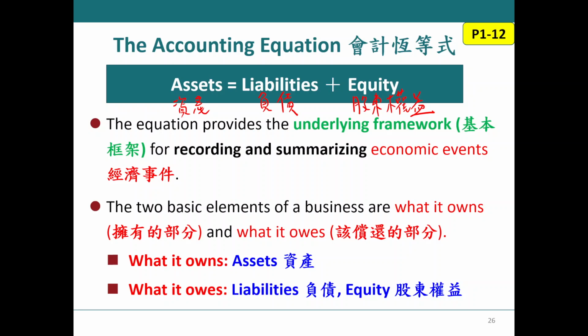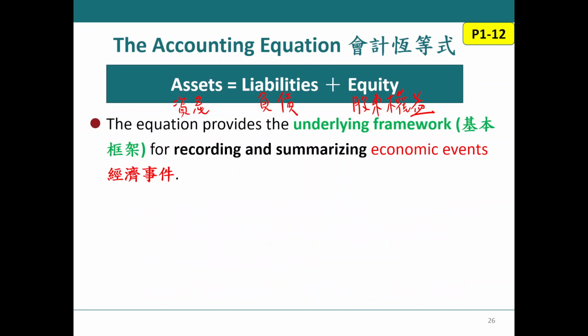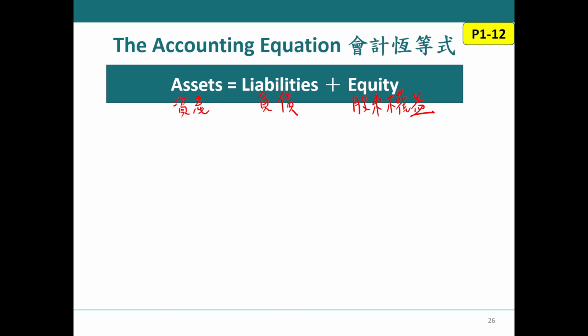Okay, so we have two ways. Nothing is free. When your company has something, this is what you own, what you have. When you start from zero, how could you get the assets? At the beginning, you have to find the money you need, right? So where could we find the money we need?